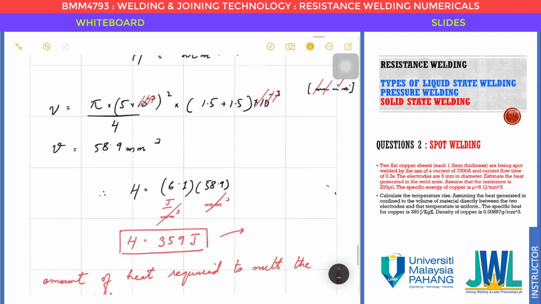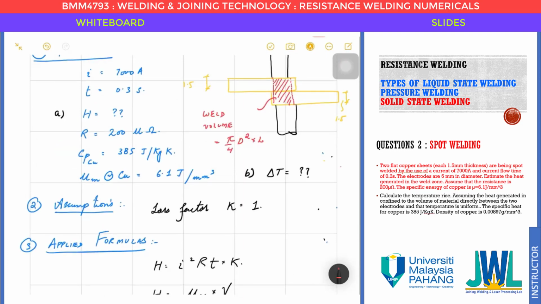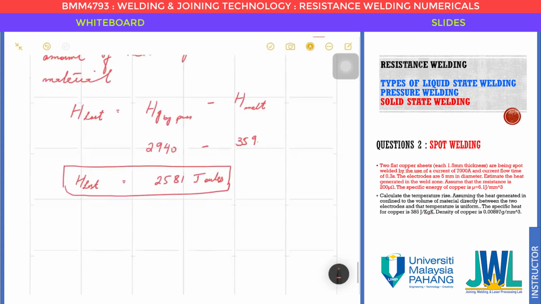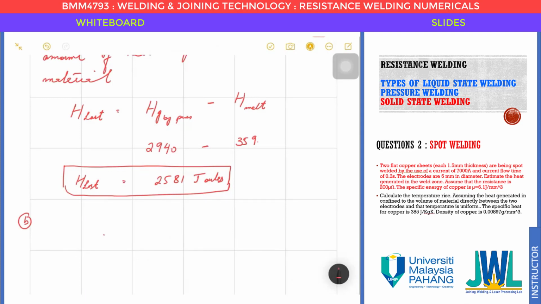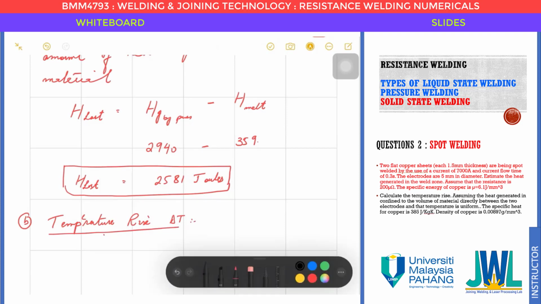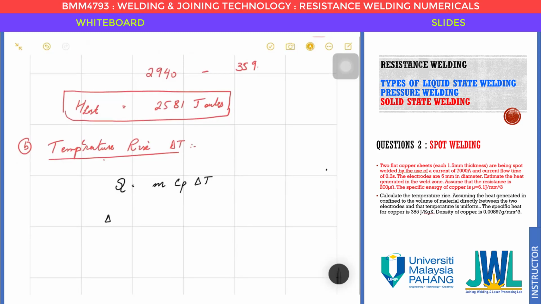Now let's move to part B. Part B is asking what is the temperature distribution or temperature difference or temperature rise, delta T. Since Q is equal to m Cp delta T, delta T is equal to Q over m Cp.